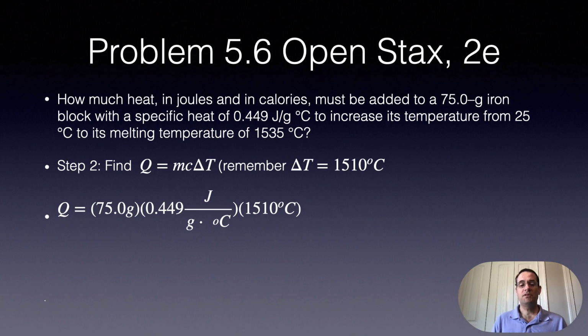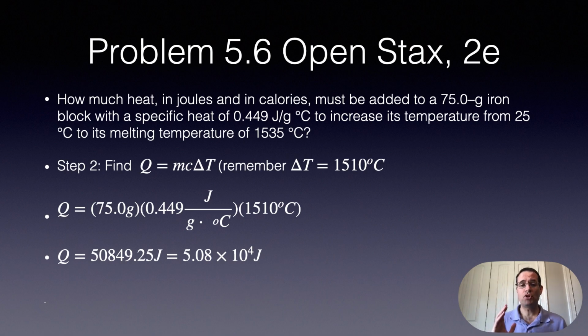So Q equals mc delta T, and we plug them all in, and we get a value of around 50,000. So notice how the grams and the Celsius cancel, okay? So we are left with just capital J, and remember that stands for joules, a unit of energy, okay? And we, of course, round this off to 3 sig figs.